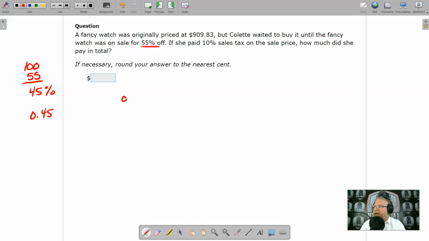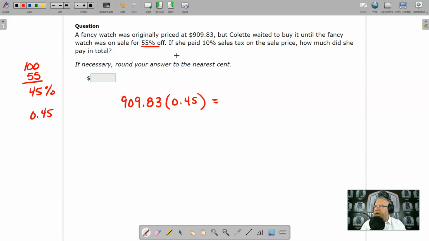So we need to take the 909.83, and we're going to multiply that times, and I'm going to go ahead and start using parentheses instead, 0.45.